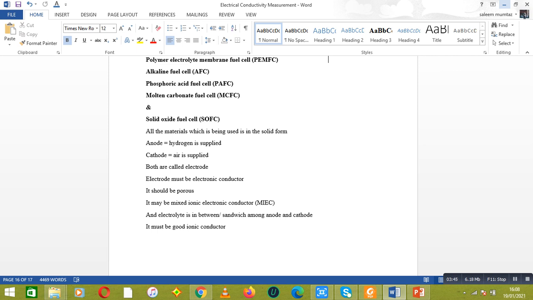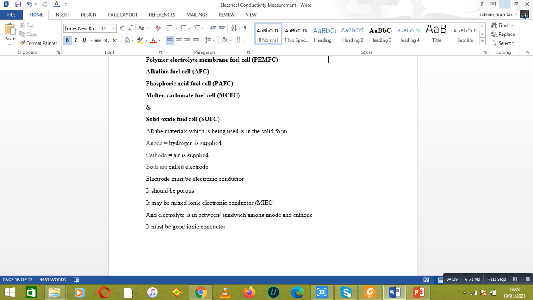You know, at the anode and cathode side, the production and movement of electrons takes place. So if it is an electronic conductor, it produces electrons, and the movement of electrons causes the current. So cathode and anode must be good electronic conductors.